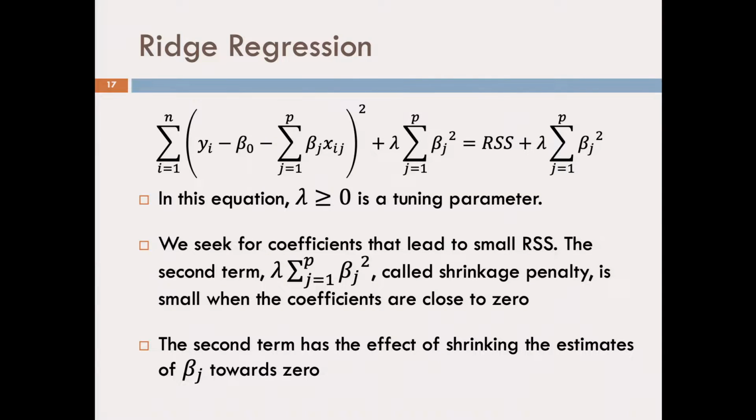So this is a tuning parameter. We seek the coefficients that lead to a small error here. The second term, the shrinkage penalty, is small when the coefficients are closer to zero. So the second term has the effect of shrinking the estimates towards zero.